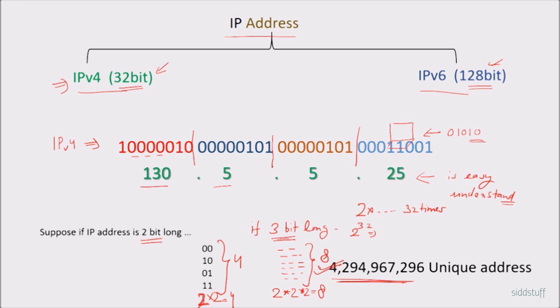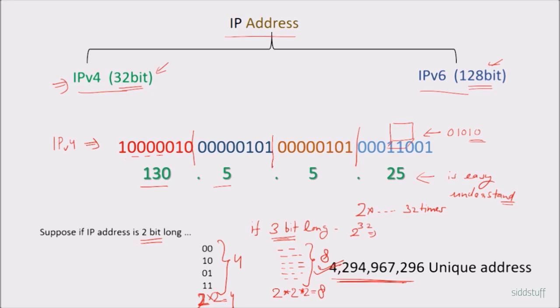So in IP version 4, the total number of unique addresses we can get is this. I mean, only 4 billion unique addresses can be generated using IP version 4. IP version 4 was designed back in 1970 when there weren't many computers and there weren't many smart devices.